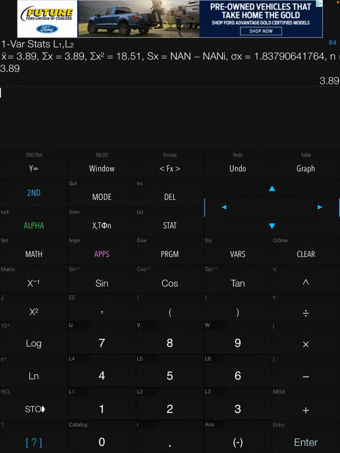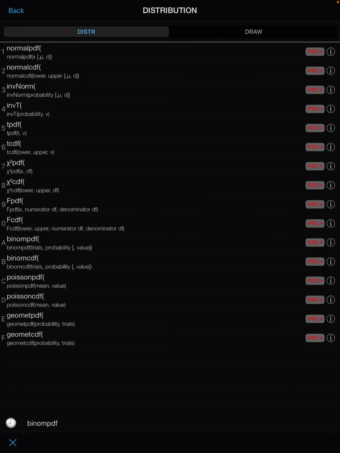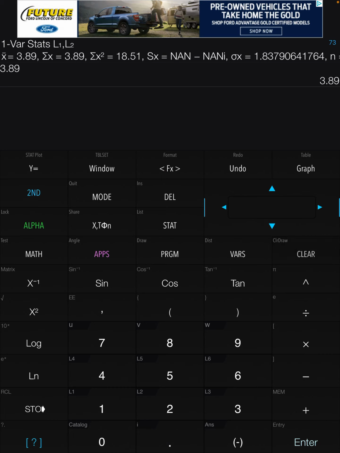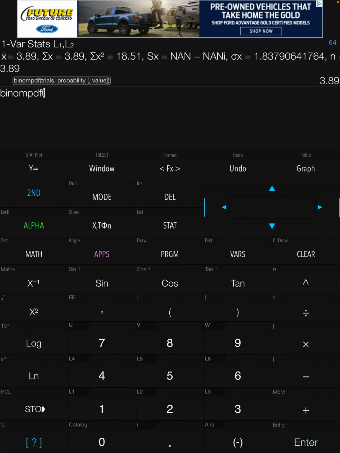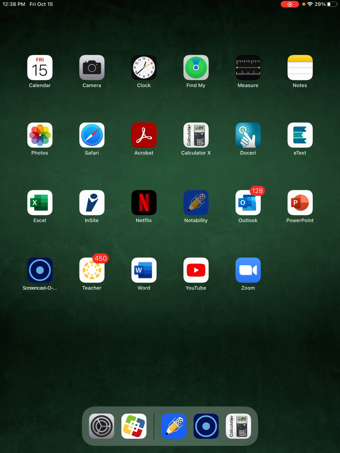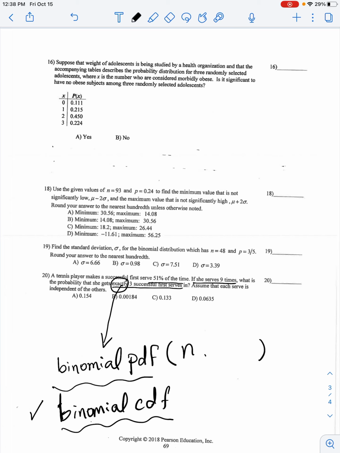So second vars, binomial PDF. Do you see it says trial, probability, and then value. So you start with the number of trials, then probability, and then value. Before I enter them, I'm going to write them here for you. N is the trial, P is the probability, and X is the exact value.